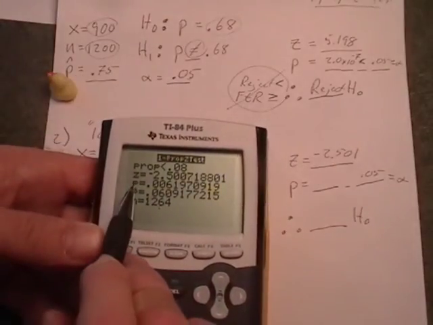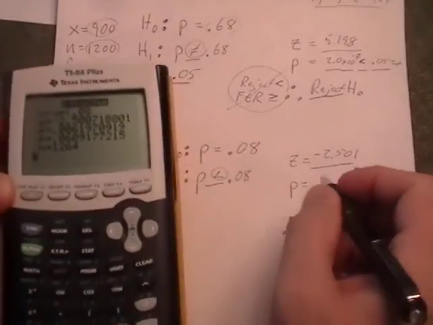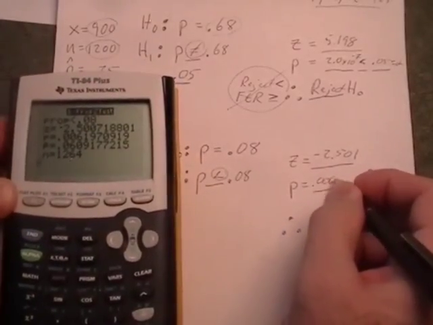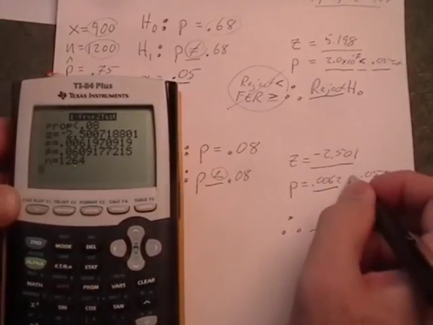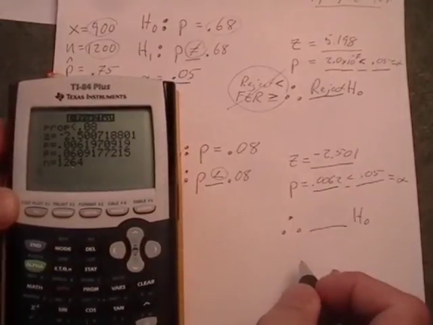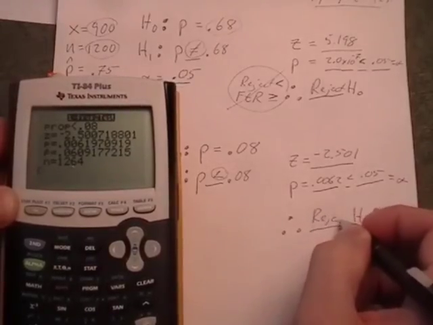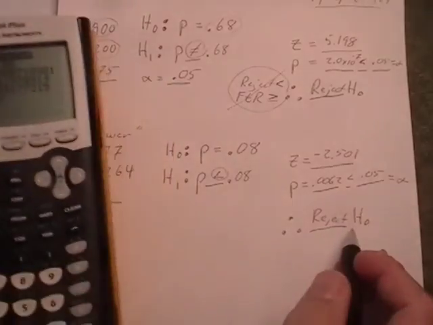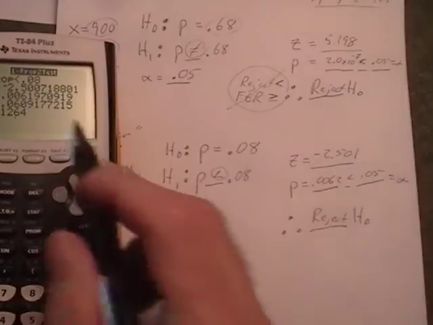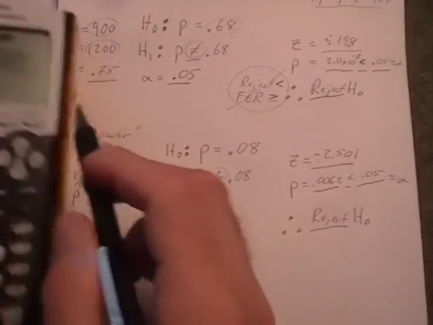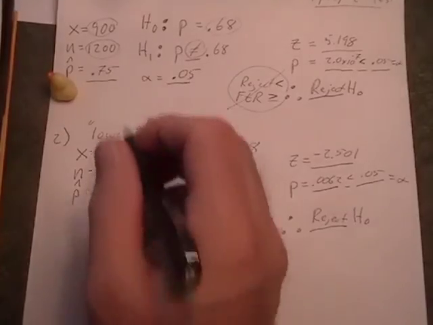You'll see that the probability that they give is 0.0062. Now 0.0062 is less than 0.05. So once again, I am going to reject the null hypothesis.